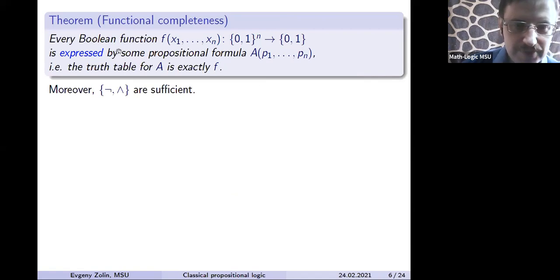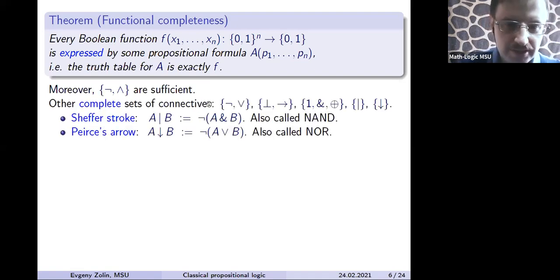So our theorem says that we can express every Boolean function with some formula. And in formulas, we used negation, conjunction, disjunction, implication. Of course, we don't need so many connectives. Negation and conjunction are sufficient. Negation and disjunction, false and implication are sufficient.